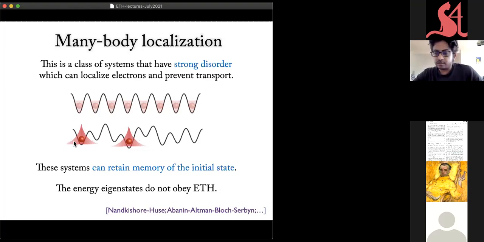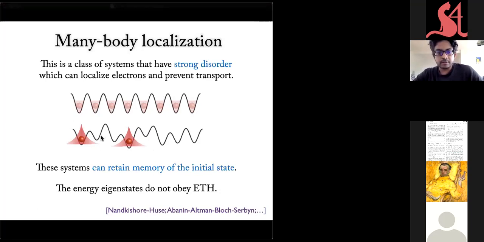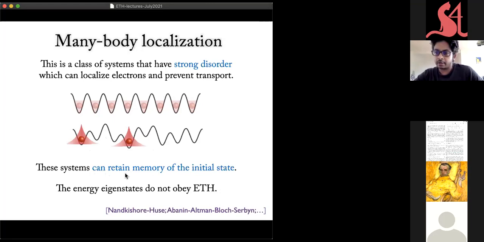These electrons will find it difficult to hop from this site to the next site. Thereby, these systems can retain memory of the initial state. And you can look at the energy eigenstates of the system, and these energy eigenstates do not obey ETH.